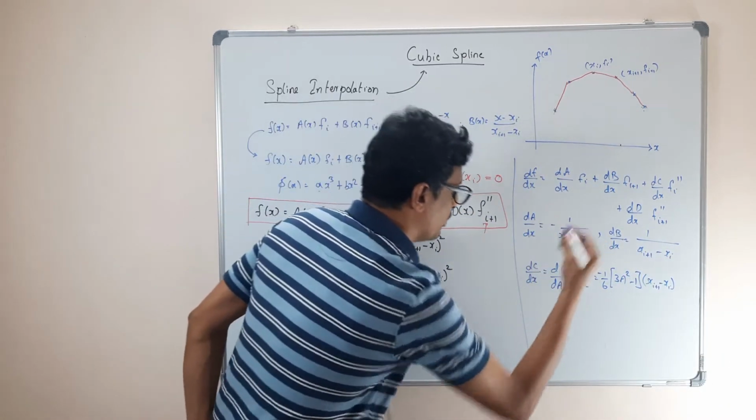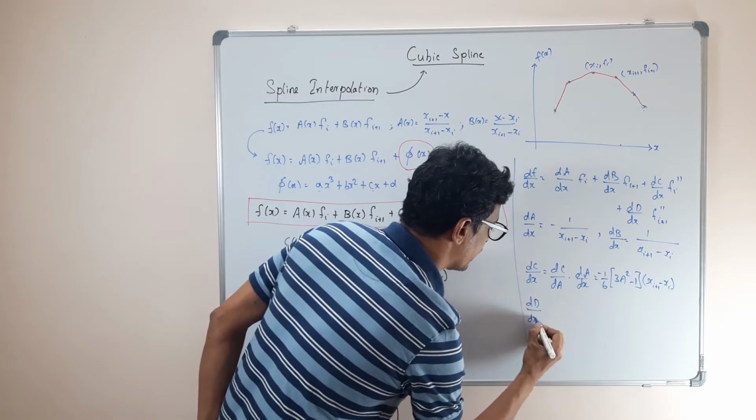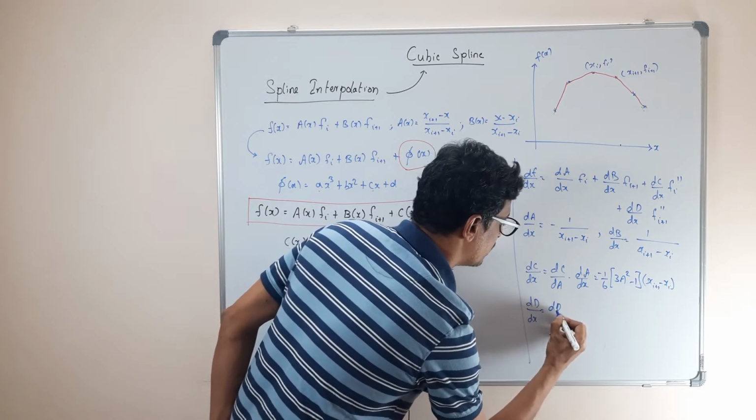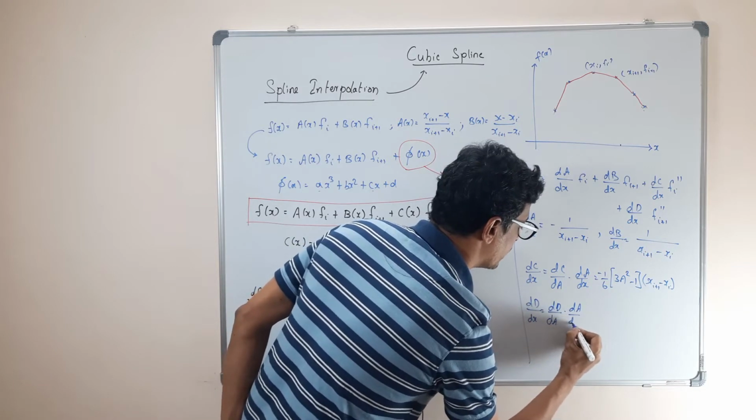And similarly dD by dx. dD by dx is equal to dD by dA into dA by dx.